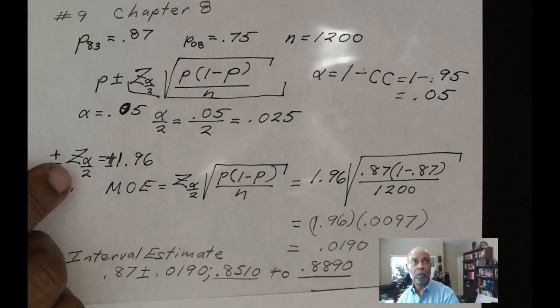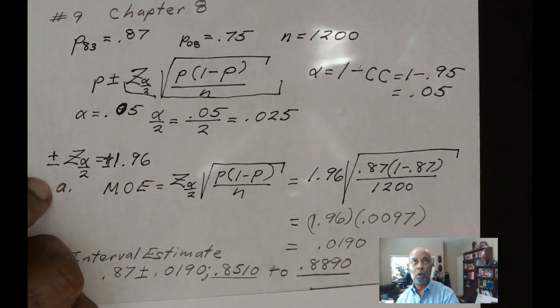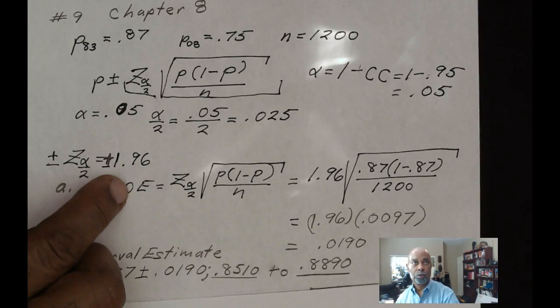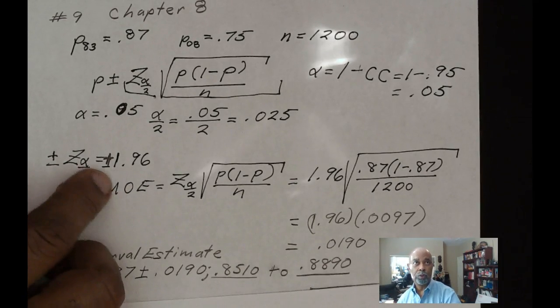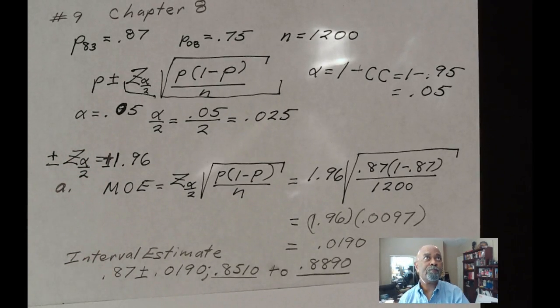So we're interested in the Z value such that the area under the curve in the upper and lower tail of the normal probability curve would be 0.025. If you look that up in your table, you'll see that that Z value is 1.96, and we use both the plus and the negative value of that.